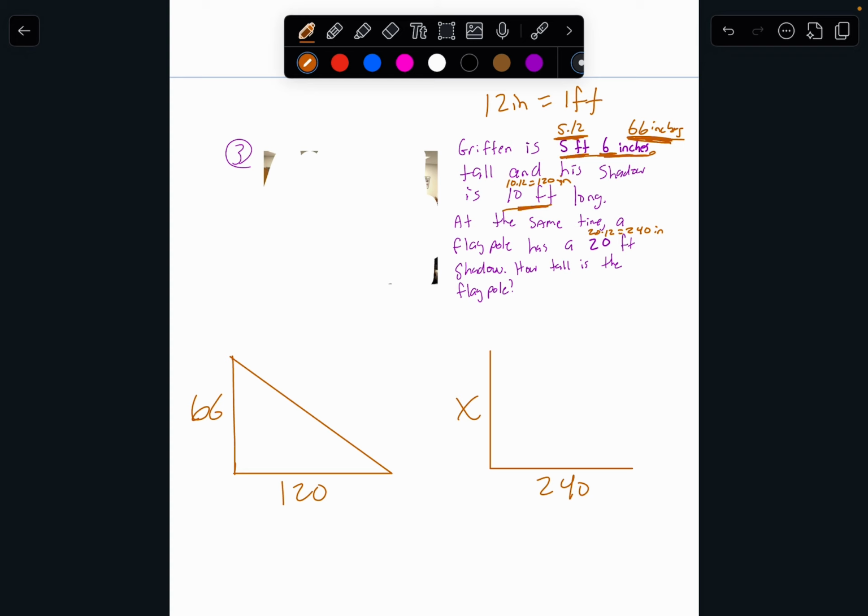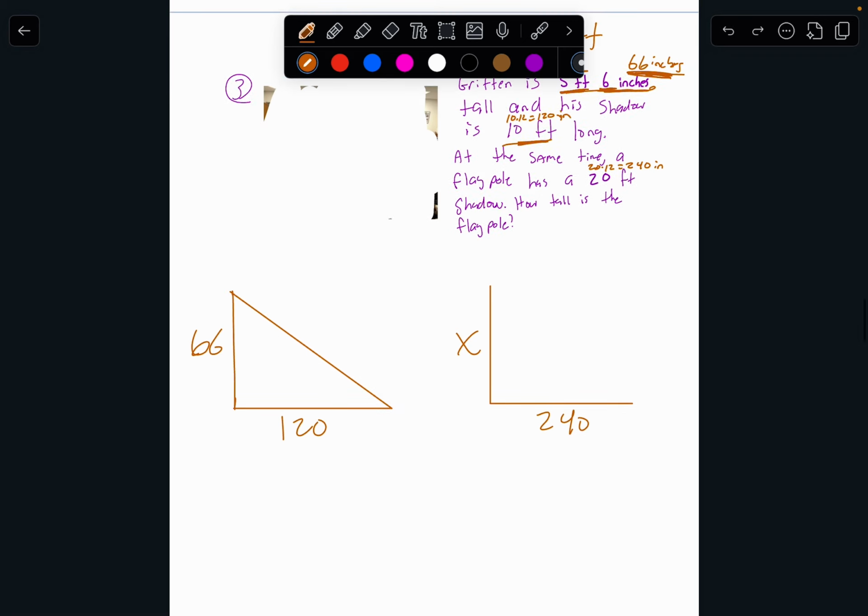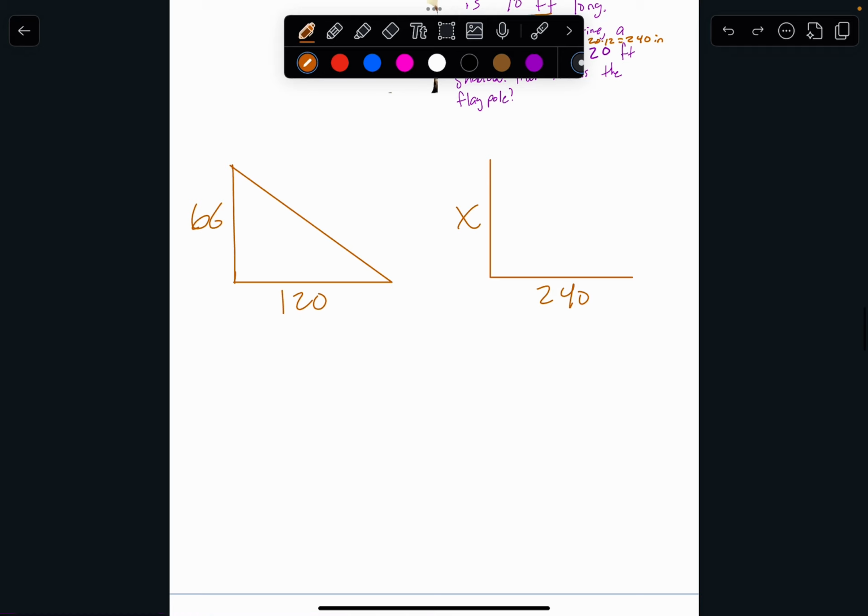If you do height over shadow, you need to keep doing height over shadow. If you do left shape over right shape, keep doing left shape over right shape. Keep going. All right, so how are we going to do this? 66 over 120. I'm going to do height over shadow equals height over shadow.